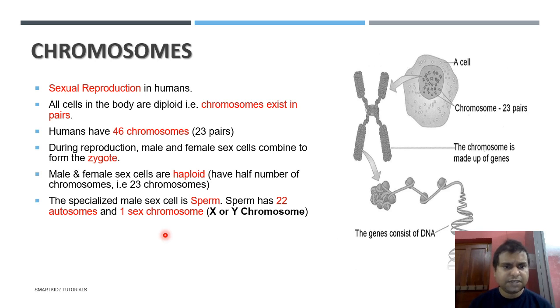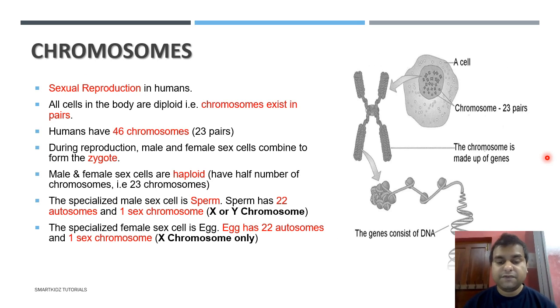For now, you just need to remember all cells in the body, when we talk about humans, are diploid in nature, because chromosomes exist in pairs. Pairs, why? Because 50% comes from father, 50% comes from mother. Totally, we have 46 chromosomes, thanks to 23 chromosomes from father, 23 chromosomes from mother. That is why we call it 23 pairs, a total of 46 chromosomes.